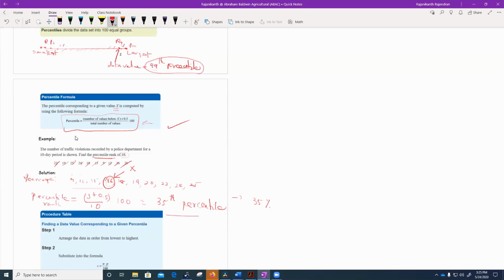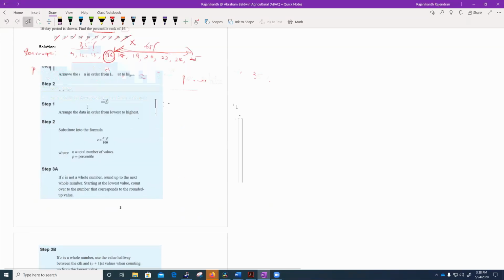It makes sense, right? Because if you look above the data value 16, how many of them are there? 1, 2, 3, 4, 5, 6, almost double the below. So it makes sense because 35% of the data will be on this side, and the remaining 65% will be covered on this side. So this is the way to find the percentile rank of the given data set.